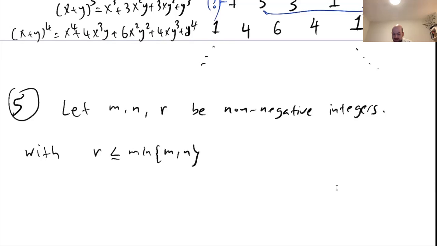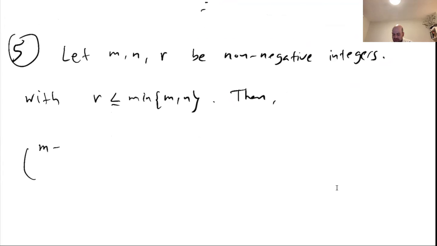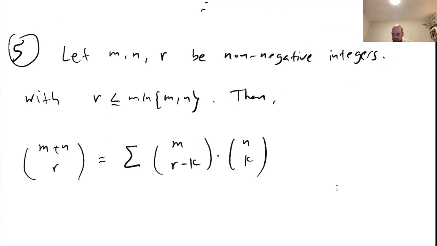So r has to be less than or equal to both m and n. Then we can say that (m+n choose r) is equal to the sum over k from 0 to r of (m choose r minus k) times (n choose k).